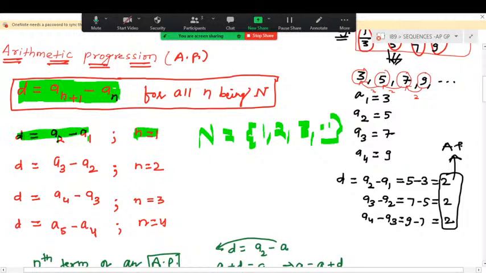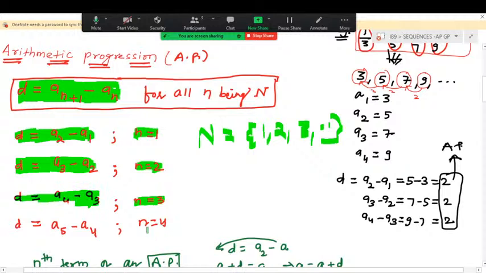That means the common difference is a2 minus a1. Similarly, if I substitute n equal to 2, I will get 2 plus 1, that is a3. a3 minus a2 is also a common difference. Similarly, if I substitute n being 3, I will get a4 minus a3, that is also a common difference.